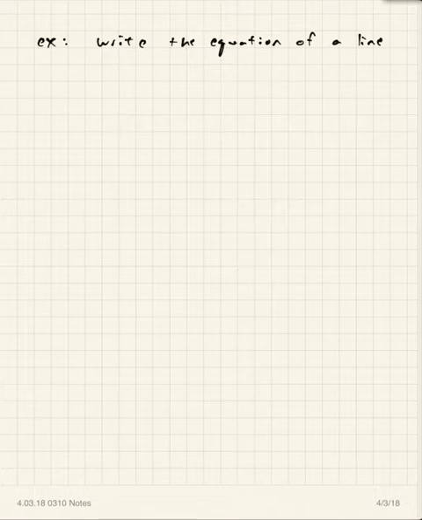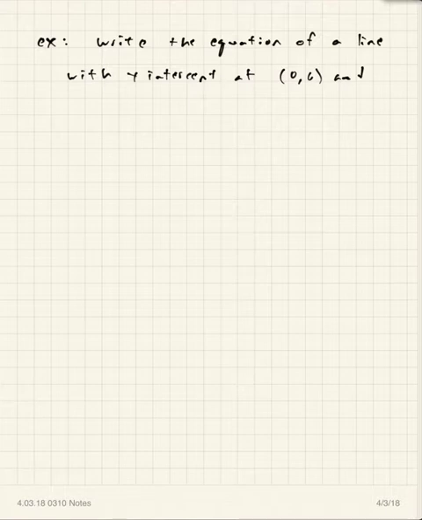Write the equation of a line with, this is better, y-intercept at 0, 6, and with slope of -2/7.